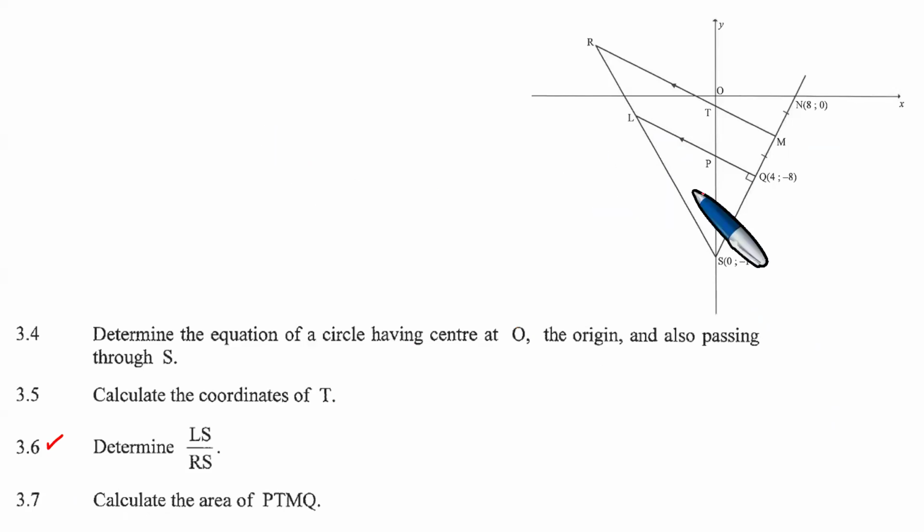So what do we do to find the ratio? We need some lengths. What have we been able to find? We know the coordinates of T: 0, minus 1.